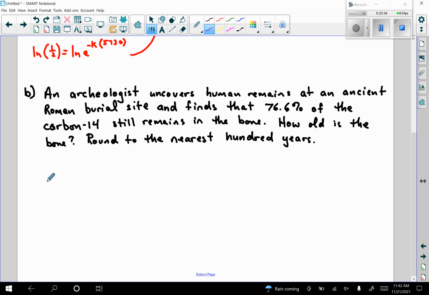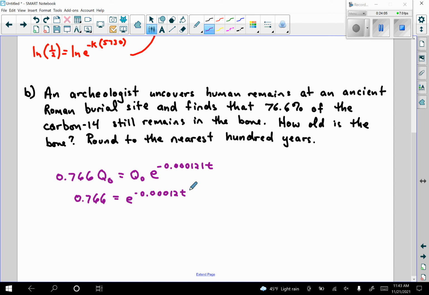But we are going to start with 76.6%. We're going to turn it into a true decimal, so it becomes 0.766 of this initial amount is going to equal the initial amount times e to the negative 0.000121 t. So again, I can divide both sides by whatever number the initial amount is. We don't care. It divides out. So we have 0.766 is equal to e to this negative decimal times t.